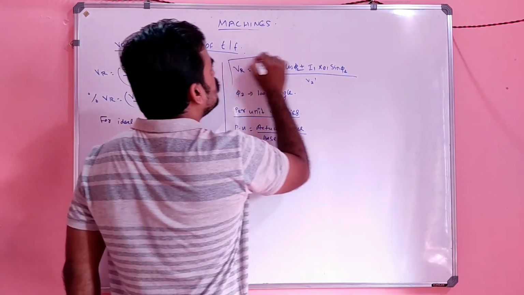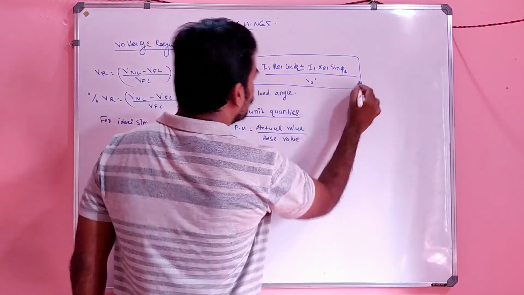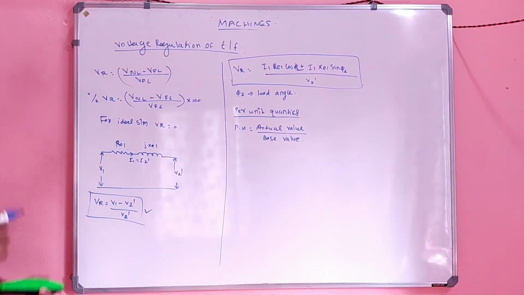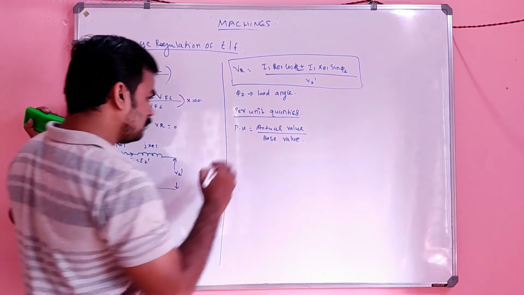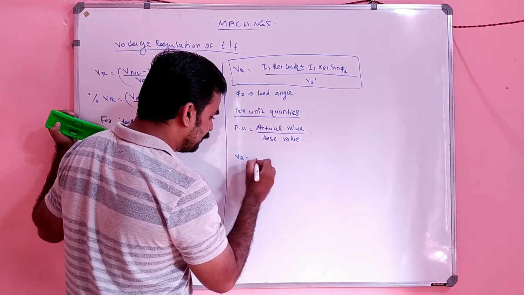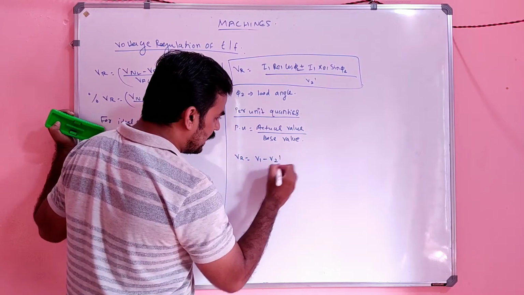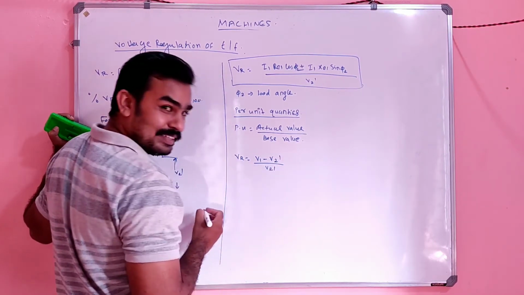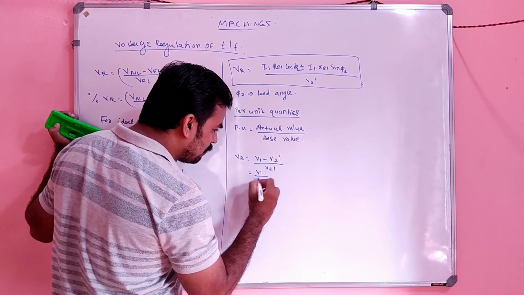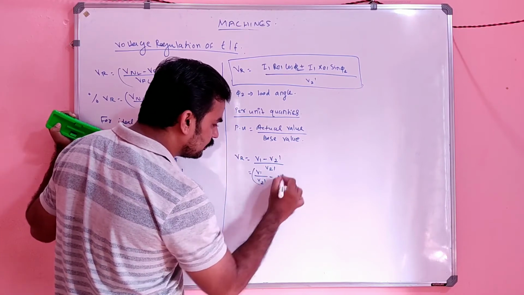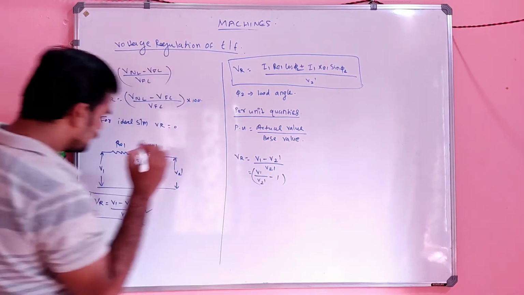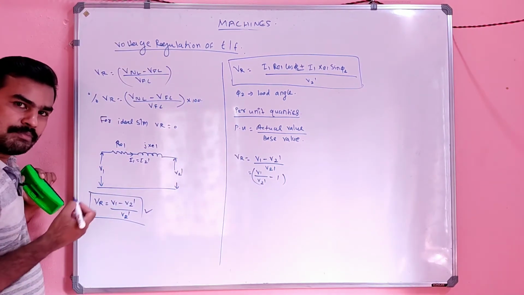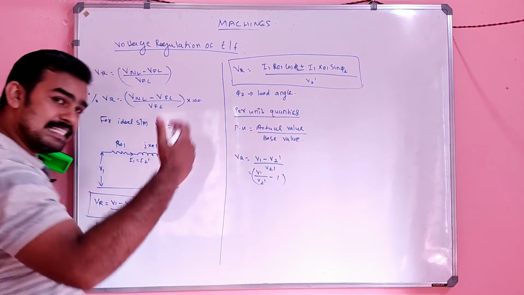These are the two equations which govern the voltage regulation, and we are going to represent them in per unit quantities. First take this equation: VR is equal to V1 minus V2 dash, whole divided by V2 dash, which is nothing but V1 by V2 dash minus 1. V1 is the sending end voltage or terminal voltage, and V2 dash is the receiving end voltage.